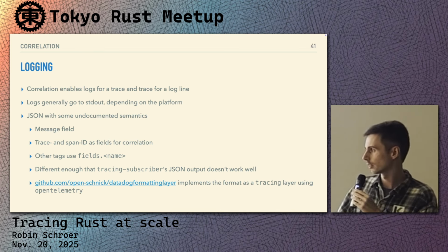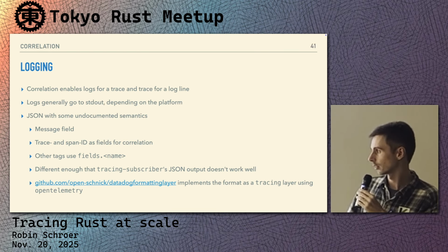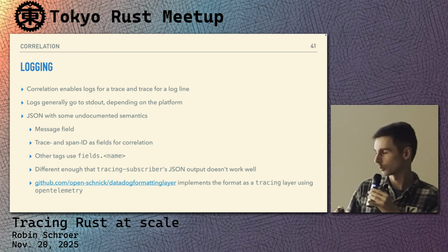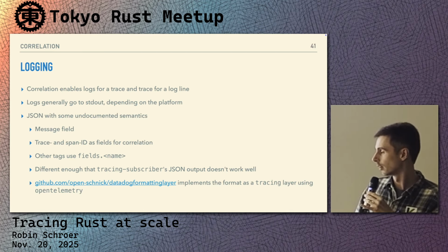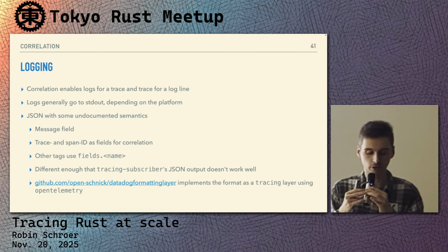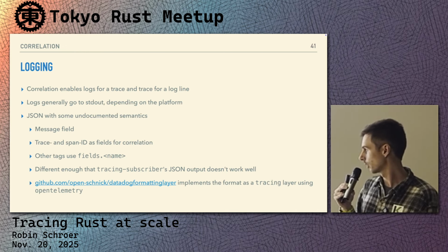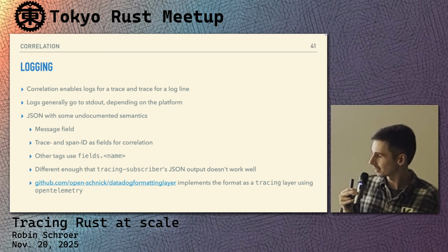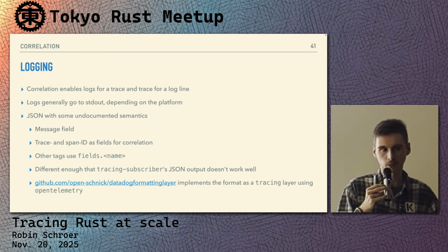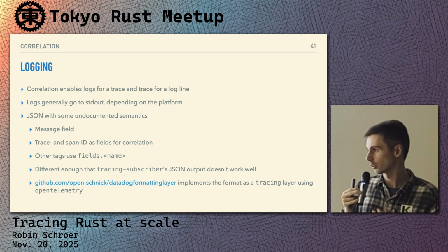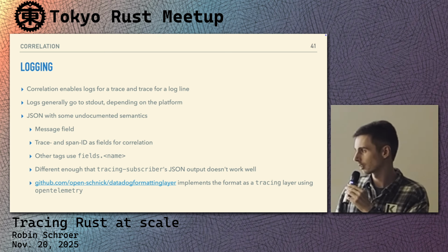It has a message field, it has some fields for span and trace IDs, and you chuck all the other fields into fields.fieldName, and then it works. It's different enough from the tracing subscriber's JSON output that you can't just use that. There is a library that does that as a tracing layer, but it also does it using OpenTelemetry, so you pull in a few extra libraries just for that, which I think is a bit heavy-handed.